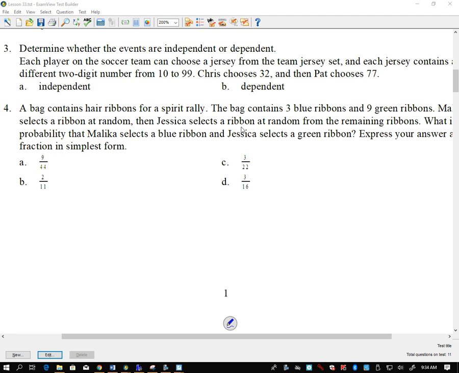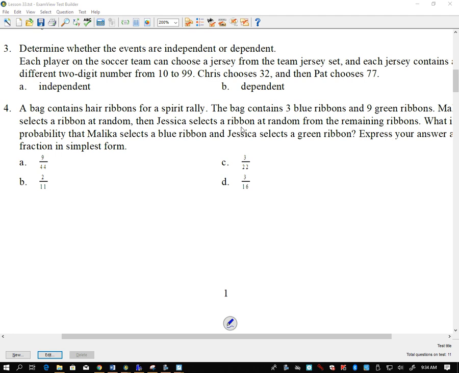Dependent. Because Pat is choosing after Chris, Pat doesn't have as many jerseys to choose from, right? He can't choose 32. 32 is no longer an option for him. So these are dependent events.